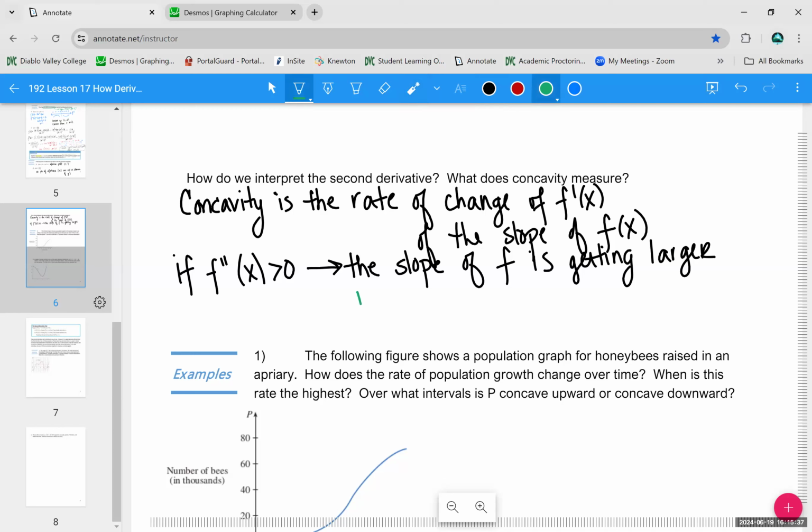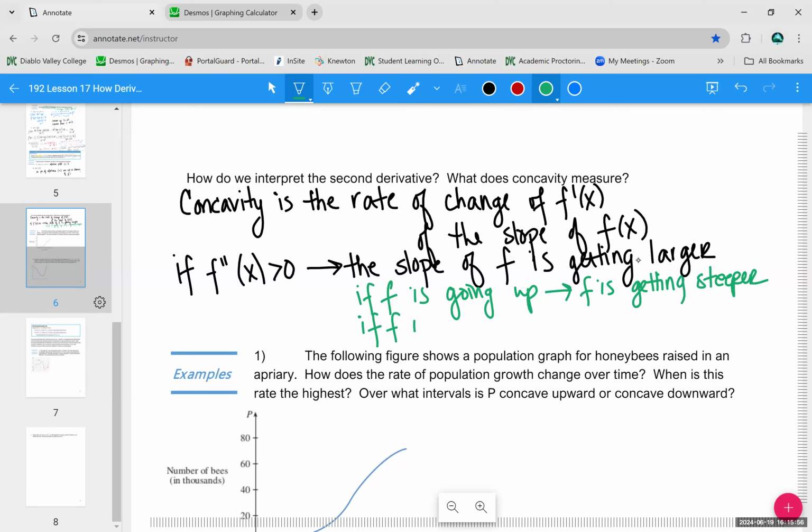So for example, if f is going up, so it's increasing, right? And it's getting larger, then it's getting steeper in this scenario where the second derivative is positive.